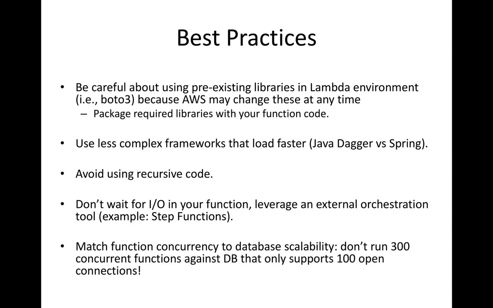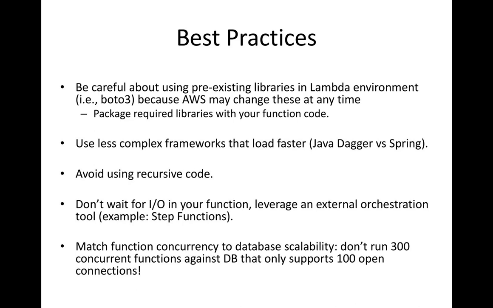When you are creating your Lambda function, you can use pre-existing libraries that already exist in the Lambda environment. AWS always makes its SDK available in each Lambda function environment.